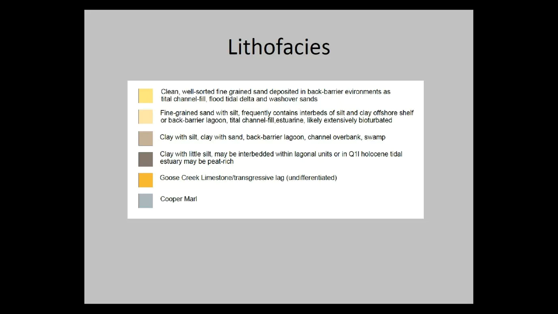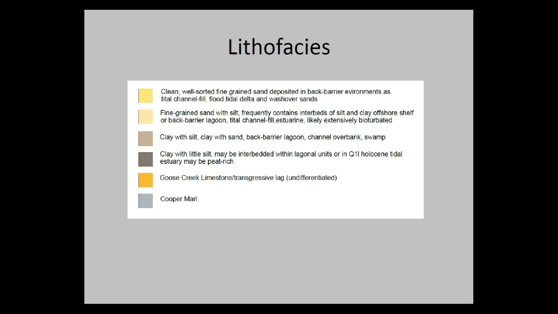So we look at the yellow, which is clean, well-sorted sand that was deposited in back barrier environment. So these are going to be channel fills and flood tidal delta, washover sands, those type of sands. This other yellow one is fine-grained sand and silt, interbeds of silty clay: offshore shelf, back barrier lagoon, tidal channels.